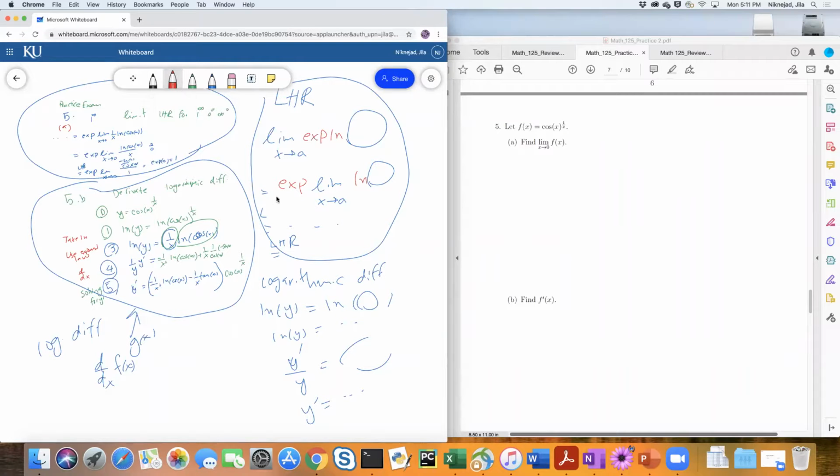That one is very much something you do when you have 1 to the power of infinity form, or 0 to 0, infinity to 0. Those are the two things, and they look alike a lot. That's why this problem has both of them side by side.